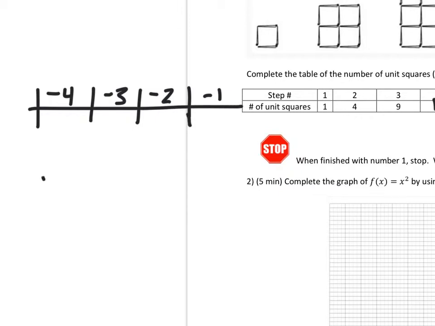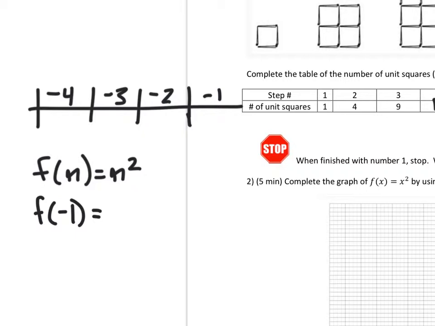Okay, we know our pattern is f of n equals n squared. I want to start by finding out what happens when I plug -1 into this pattern. So what does f of -1 equal? Well, it's -1 squared.